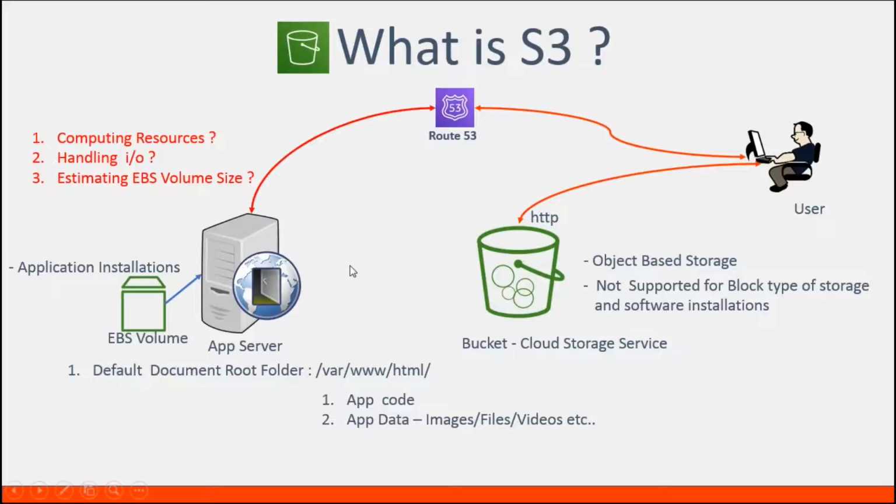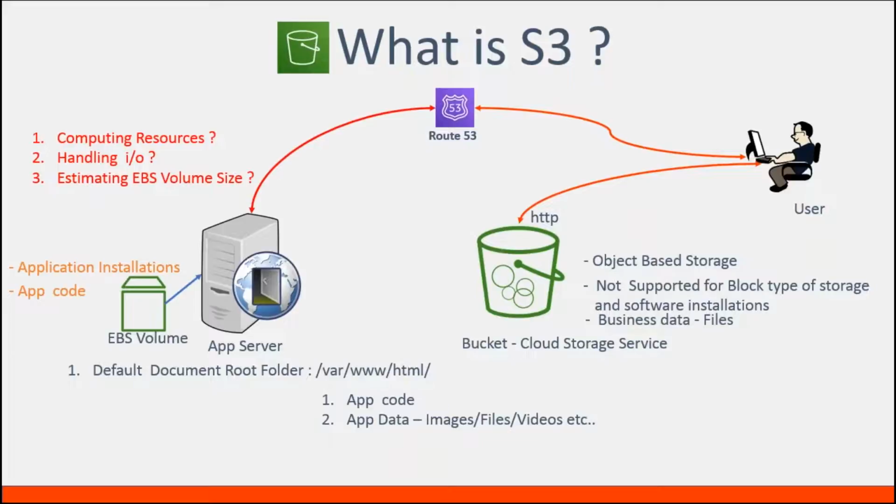So the software installation will still happen on the server side, where the software installations use the root EBS volume, and you are keeping the application related code on the server only. The actual static data that you want to serve to the end user will be in the S3 bucket. That is how I'm dividing my data into two different places now, guys.